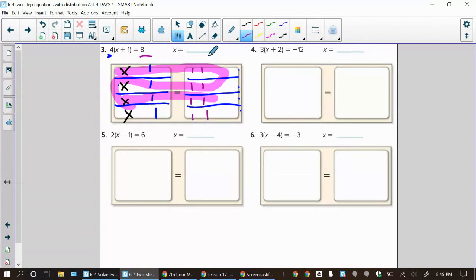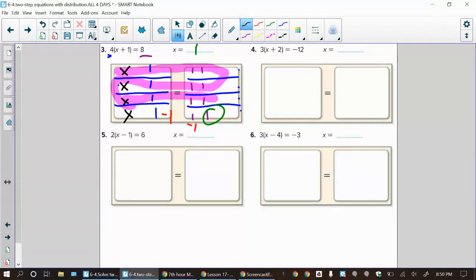So then what's the opposite of a positive 1? Minus 1, right? Remember, however many you put over here, you got to put over here. So then what am I left with? Well, we're only left with a 1. So that's what x actually equals.